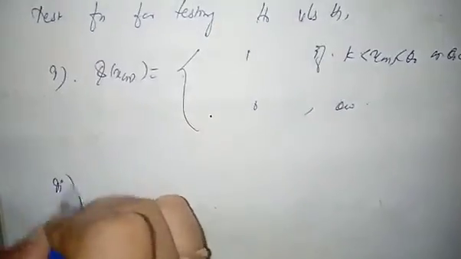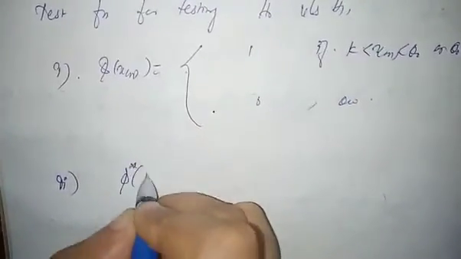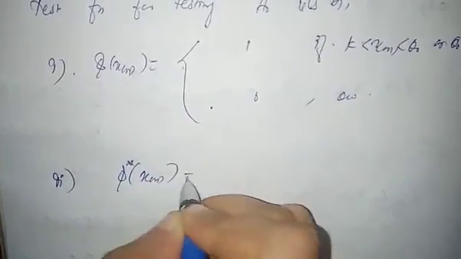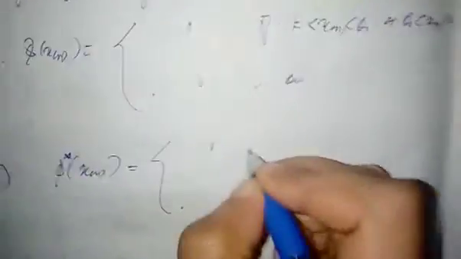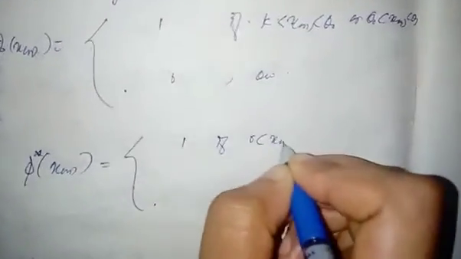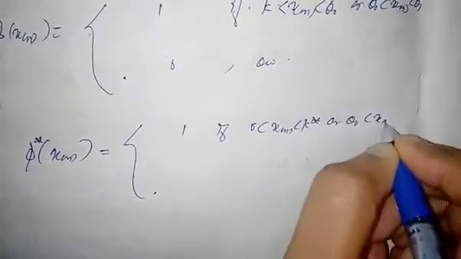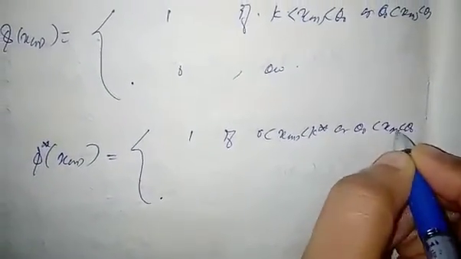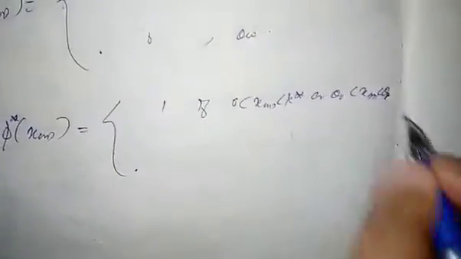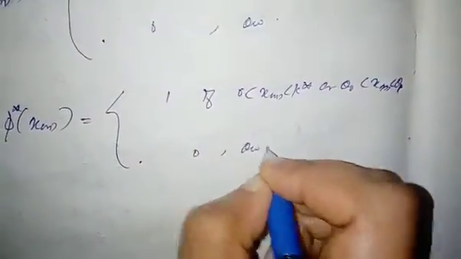And the second test function is phi star of xn equal to 1 if 0 < xn < k star or theta naught < xn < theta 1, 0 otherwise.